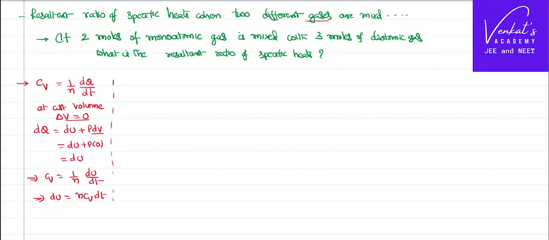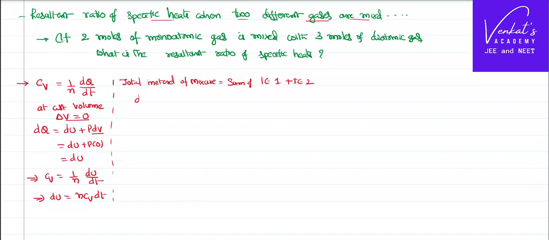Now, when two different moles of gases are mixed with each other, I can say the total internal energy of the mixture, as per the conservation of energy, is the sum of the internal energy of the first one plus the internal energy of the second one.